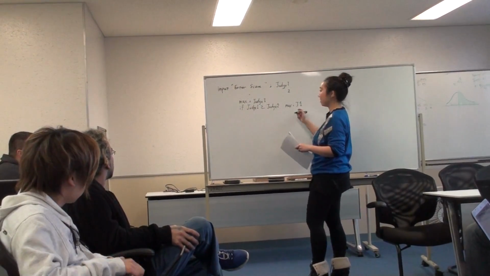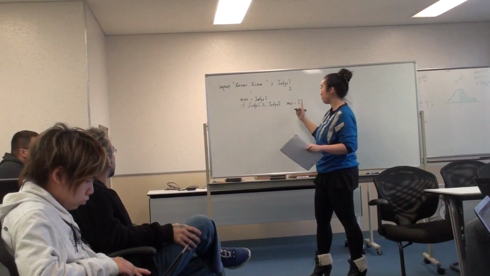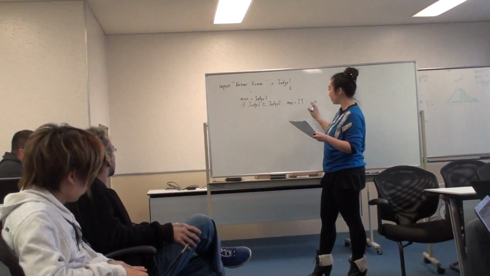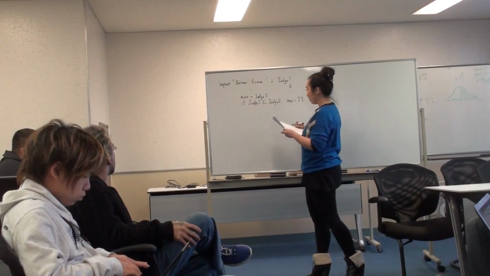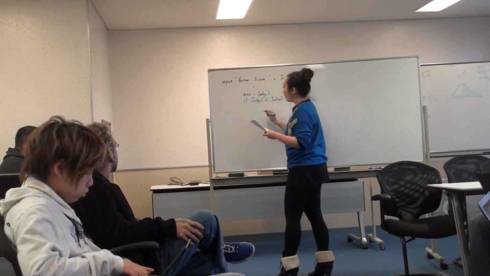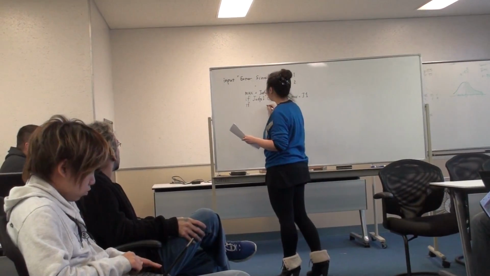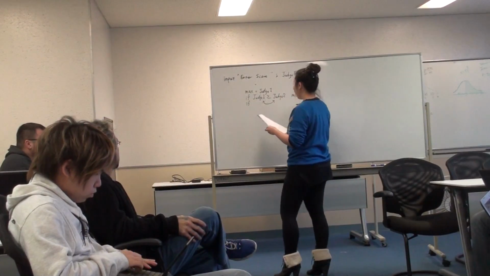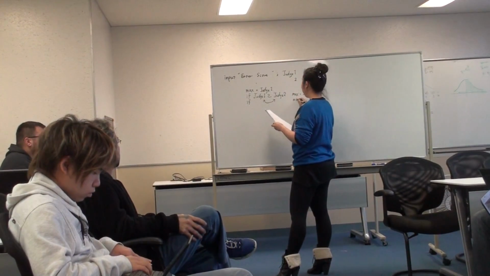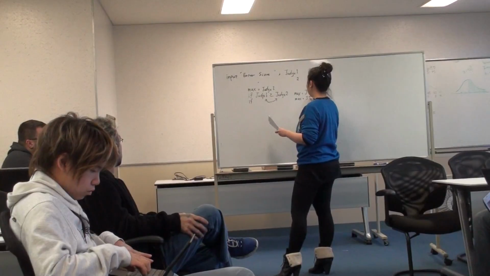I used judge 1, but it's too much, so I just do 1 instead of the judge 1. But if it's the opposite, then max should be judge 2, right?